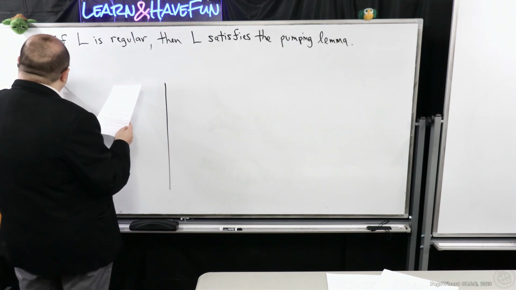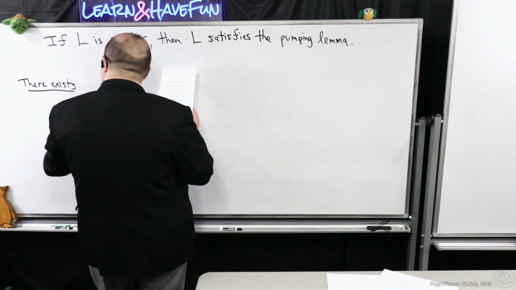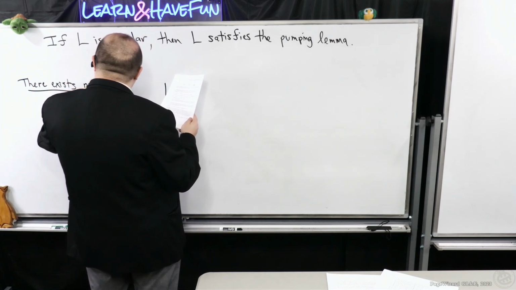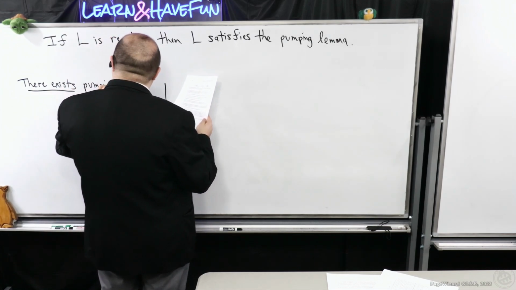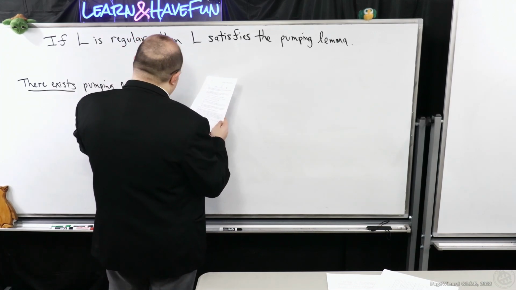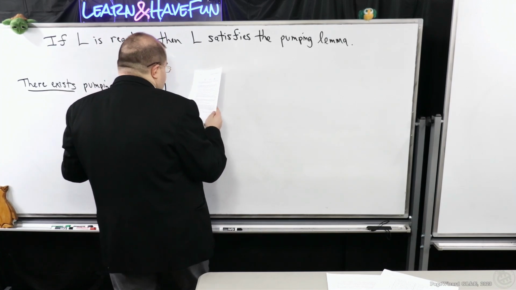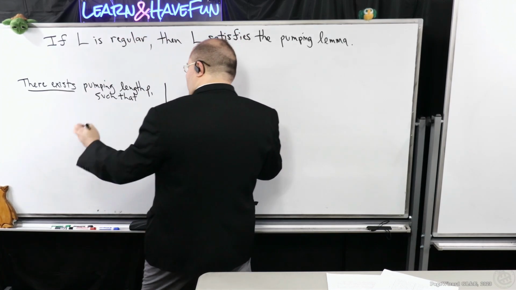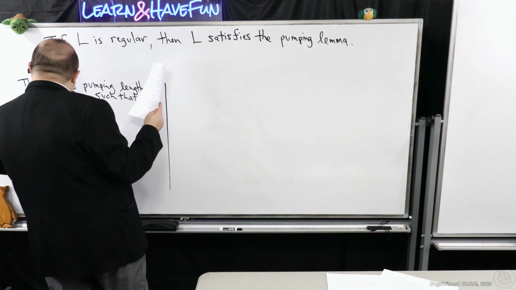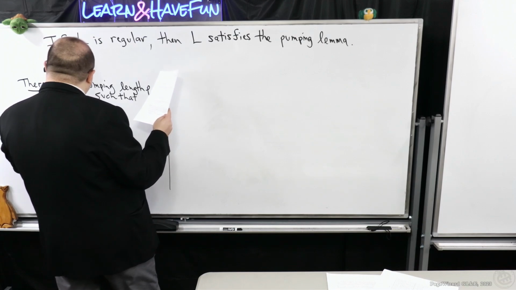So there exists, notice it's an existential quantifier for those that know what that is, there exists a pumping length P such that, what? For all strings, so notice a universal quantifier, for strings of the following form.